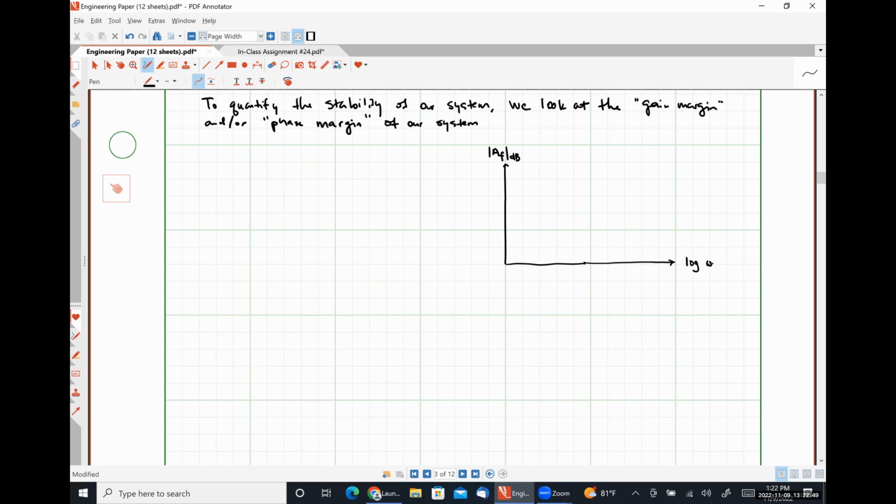This axis is the log of frequency. And let's say that this point represents 0 decibels. I'm going to extend a line over here like so. And down here, I'm going to do my phase diagram.